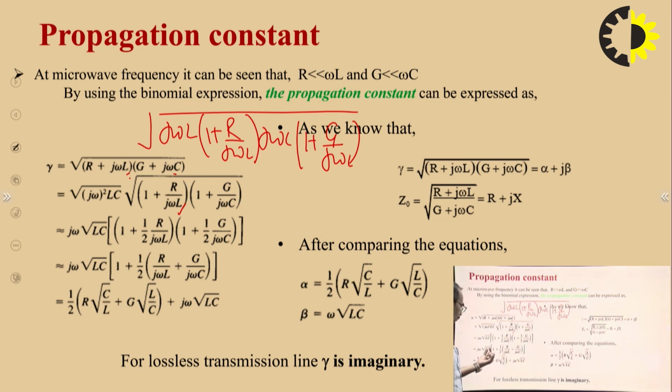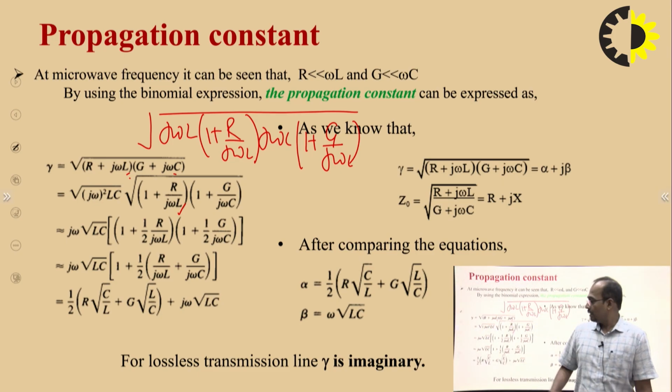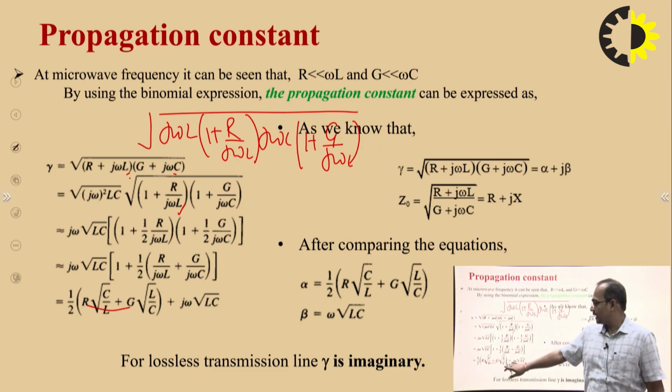So 1 by 2 R square root of C by L plus G square root of L by C plus jω square root of LC. This is the generalized expression, or you can say after solving these two terms we will get this.